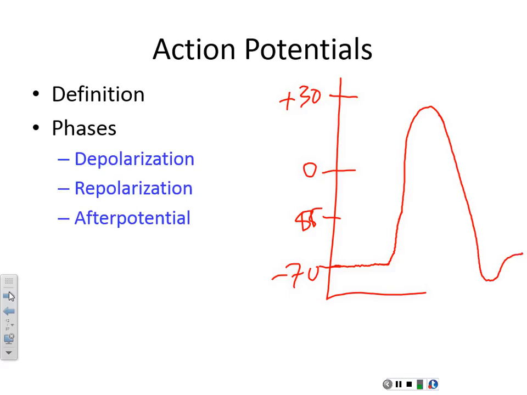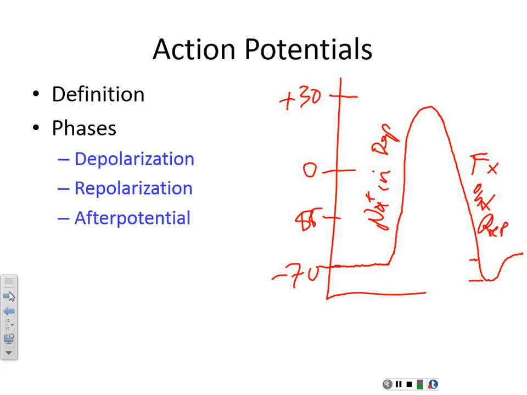So here you should know that in the exam, draw yourself this little graph and say what's going on. Na plus in, and this is depolarization, and then here you can say K plus out, and this is repolarization. Because this is happening extremely fast, it will pass resting potential and dip down.